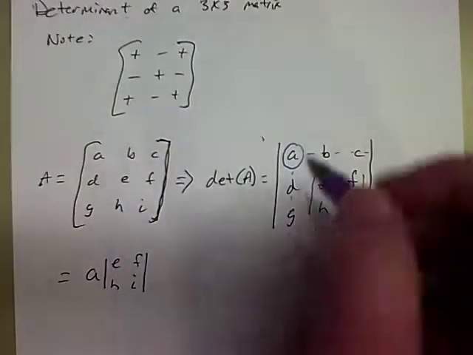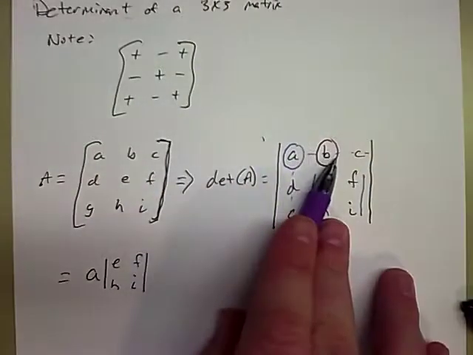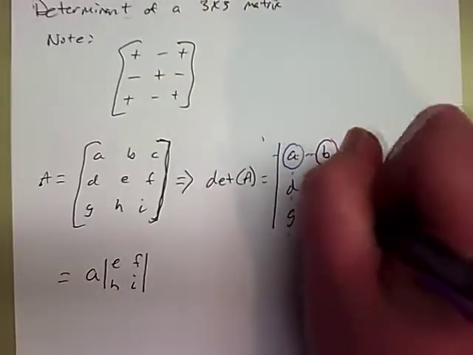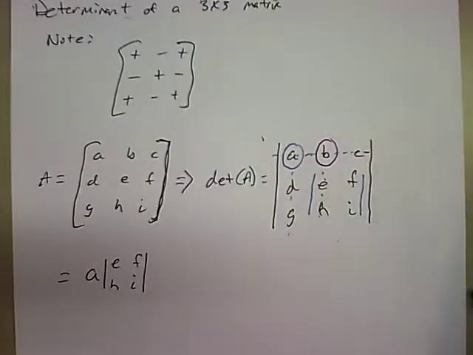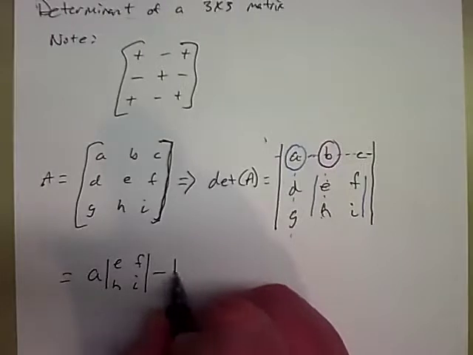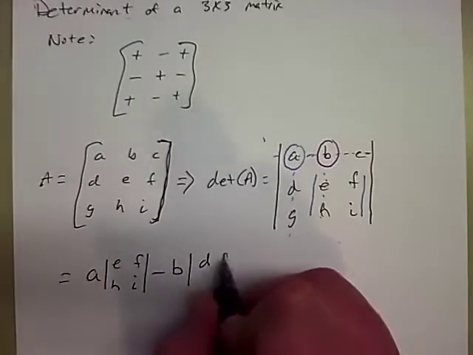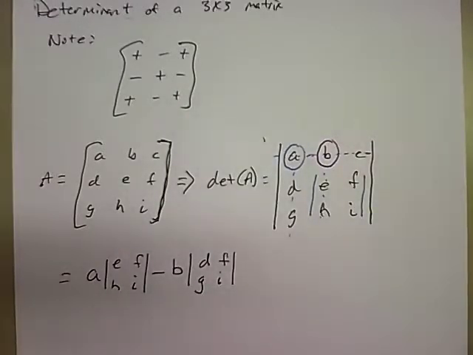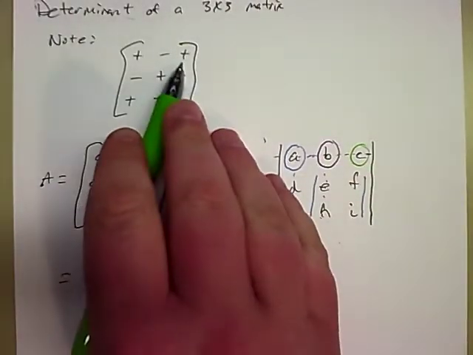Then we're going to circle B here, this next term, and it's the opposite sign of B. I'm going to take out this top row, take out the middle column, and my determinant of the leftovers is D, G, F, and I. So it's going to be minus B times the determinant of D, F, G, I. And then finally, C, this guy here, is going to be the same sign.